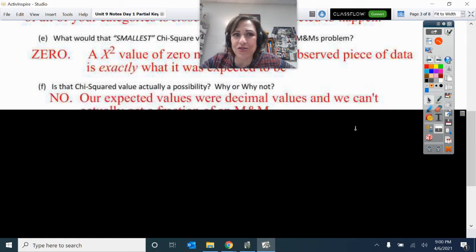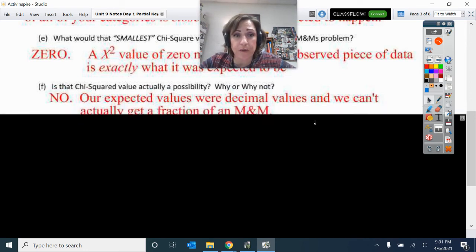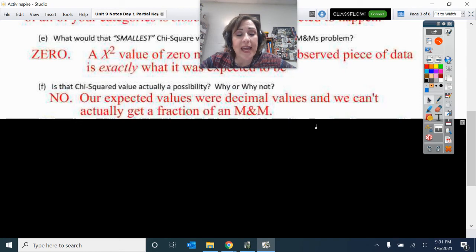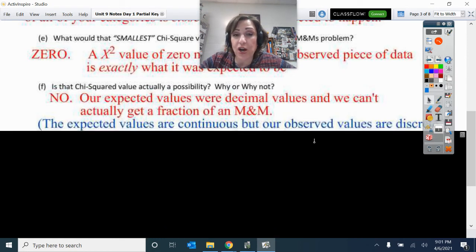So there was no way I was going to be able to get the exact expected amount, because we can't get a fraction of an M&M in real world terms. So what's happening is this: those expected values are continuous because they were decimal points and could be infinitely small. But my observed data is discrete. That was whole number amounts of types, colors of M&Ms.